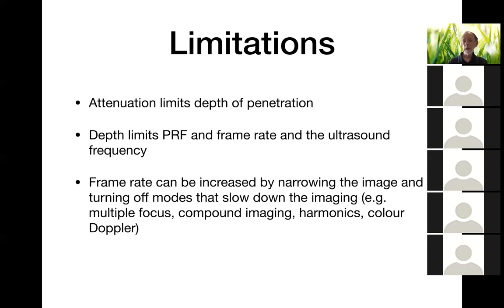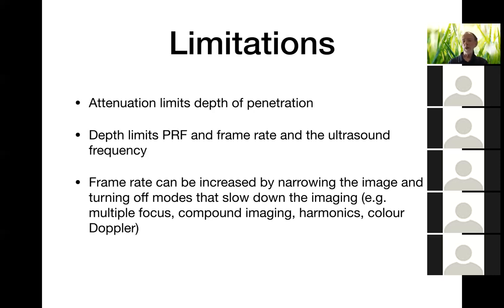At times, and I imagine this happens particularly in echocardiography, the frame rate isn't good enough and you need to know what to do about this. In this case, you need to reduce the image so it takes fewer beams to make each image. You do this by narrowing down the image. For example, if it is a sector scanner, you narrow down the sector and then each image can be made more quickly.